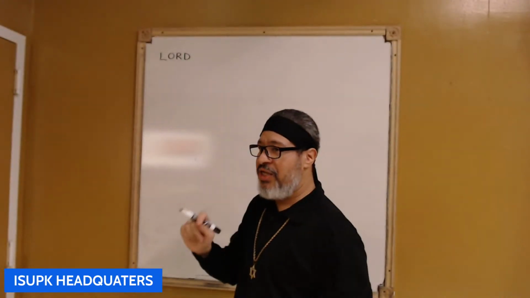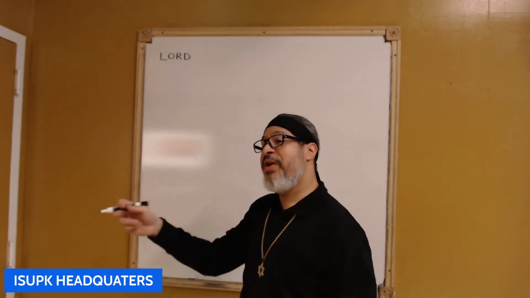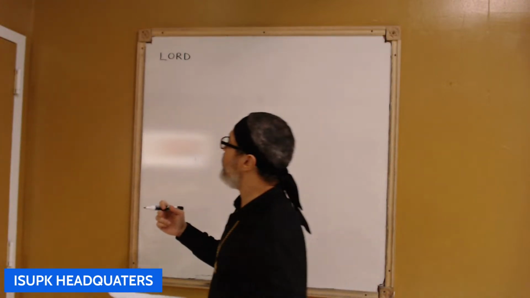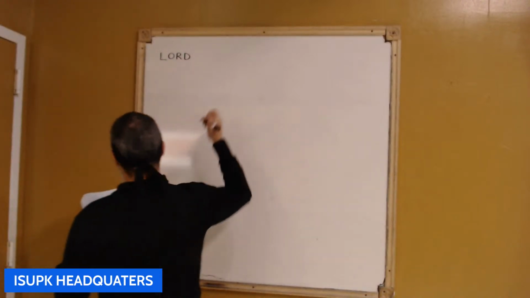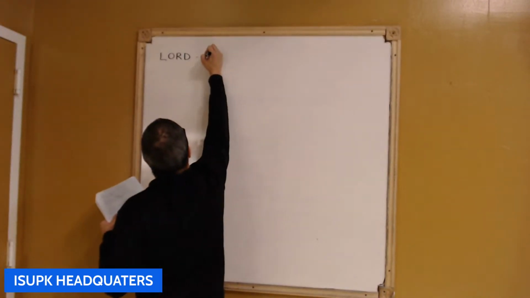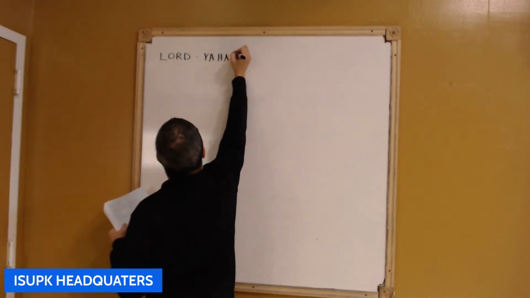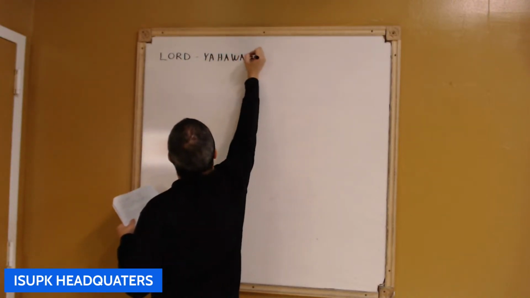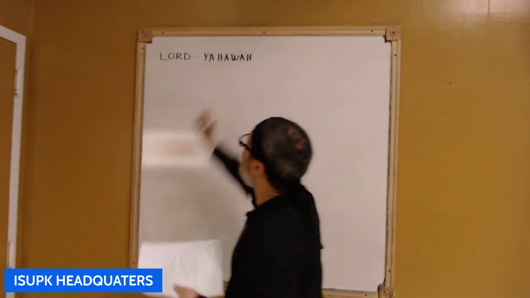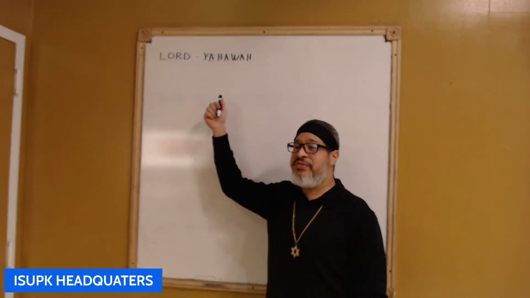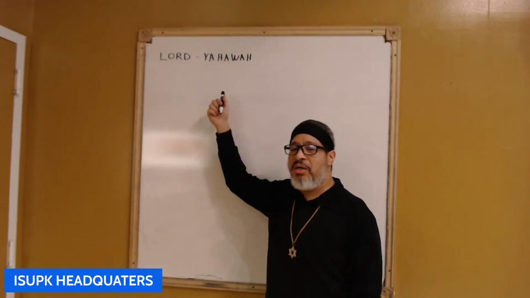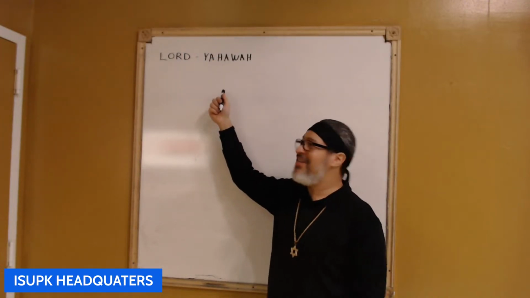So when you see the word Lord in capital letters in the King James Version, and you actually translate the characters behind and you see the Hebrew characters, you're going to see Lord is Yah, Ha, Wah. Now, I was doing the Yiddish tongue, so I was doing Yahuwah, but it was Yahweh.